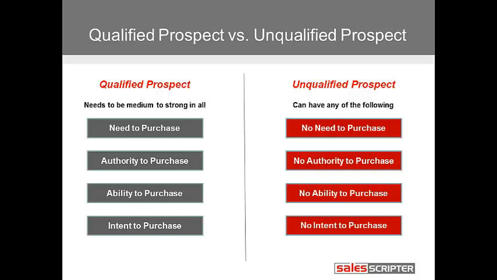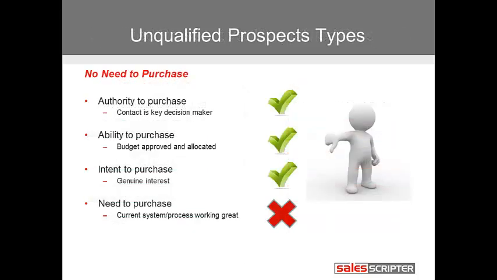They have the money and want to do something, but they're locked in, like buying a cell phone. You're locked into an agreement and can't do anything for another year. And as we mentioned, there's just no real intent to purchase. Maybe they're window shopping, or maybe they've already determined to buy from someone else. And like I said, a question mark in only one of those areas makes it an unqualified prospect.